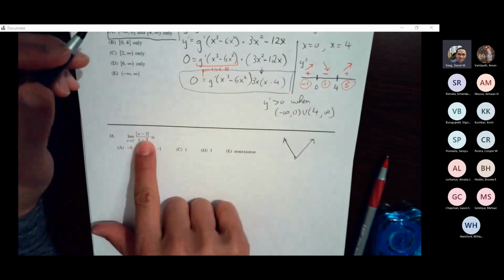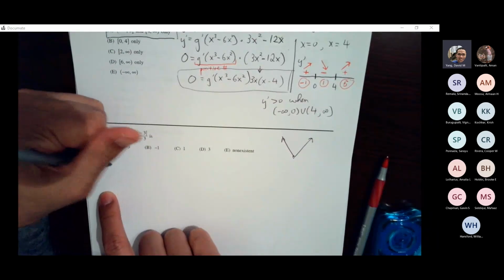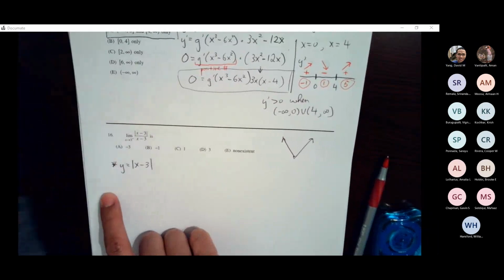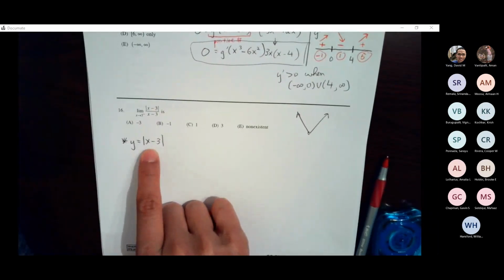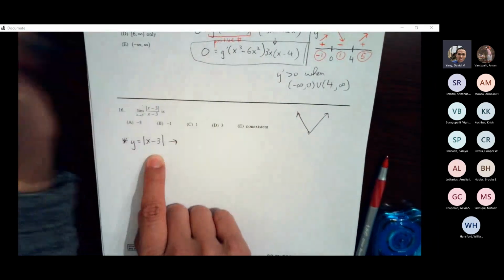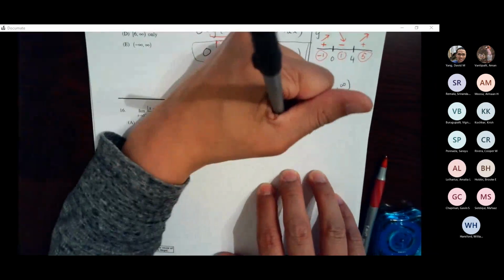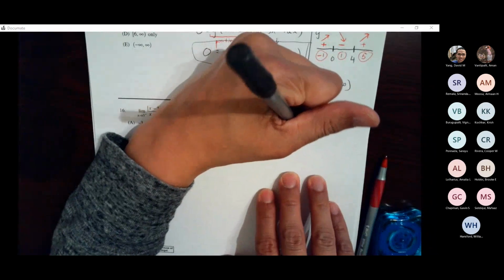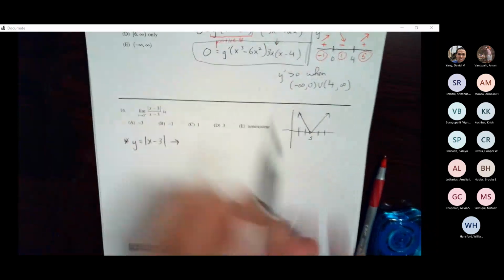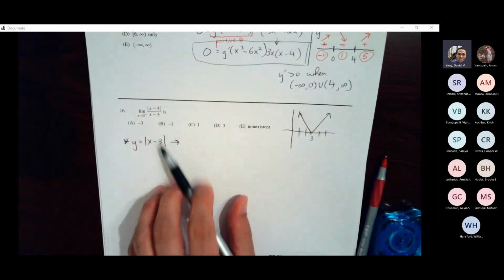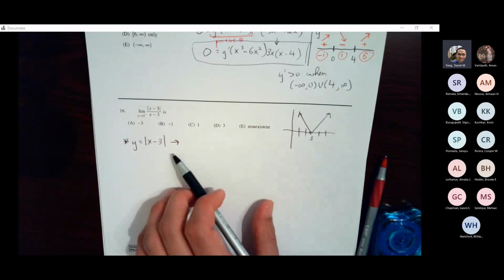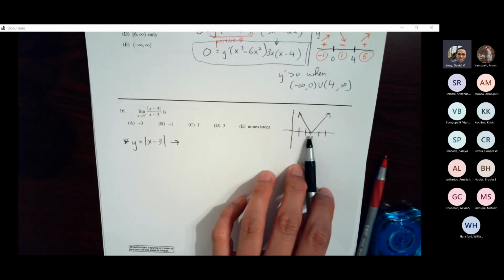So let's start off with just the numerator. Let's say I had just y equals the absolute value of x − 3. How can I rewrite that as a piecewise function? Well, the absolute value of x − 3 is a graph that looks like a V right side up and has a vertex at (3, 0).